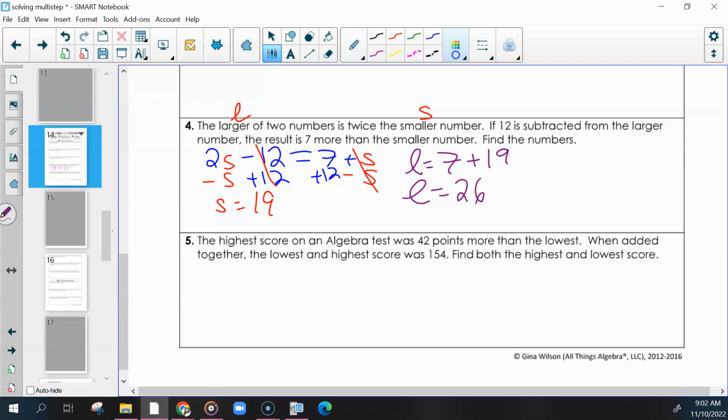If I put it into this side, the 2s minus 12, the 38 you found would be right for this part, but we still have to subtract 12. So you have part of it, just not the rest of it. So then our two answers would be 19 and 26. Questions on that?